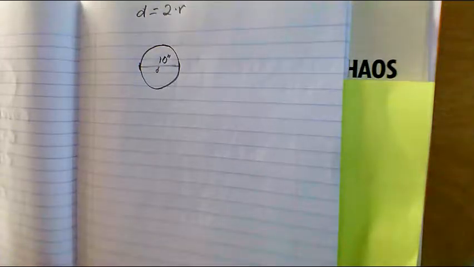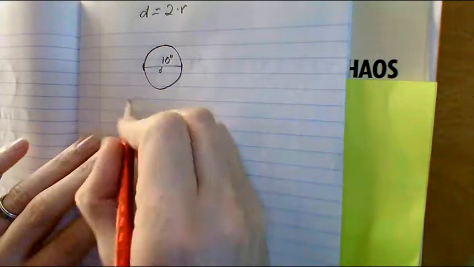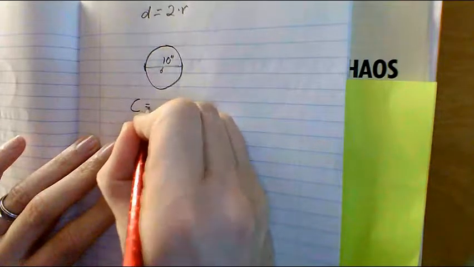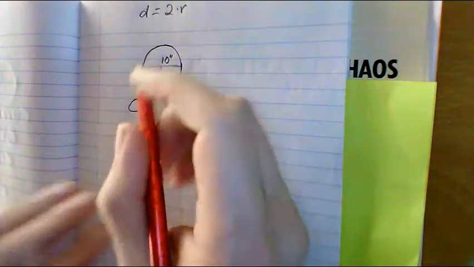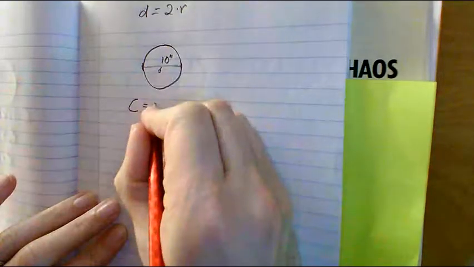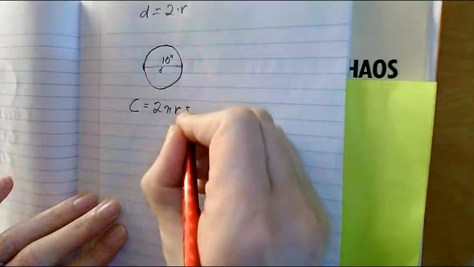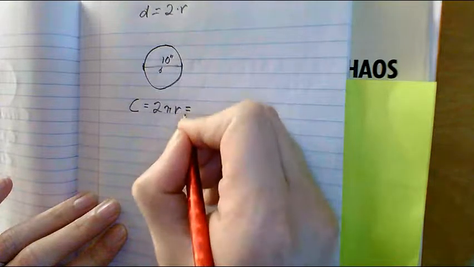Now, if you had diameter, the formula for circumference, and you can probably already guess what this is, because remember, with radius, it was 2 pi r. And I could always rearrange that.